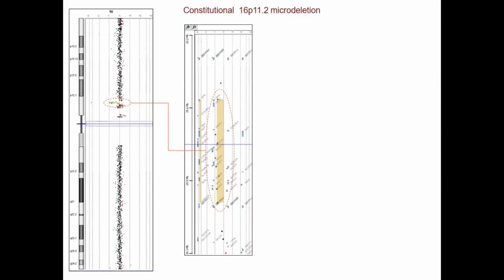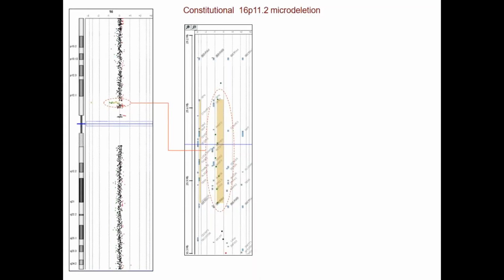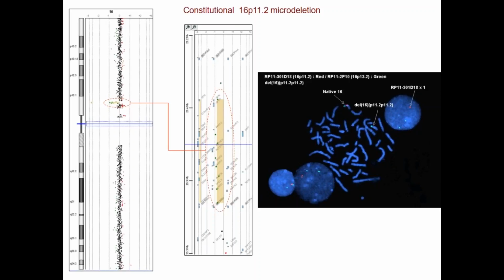And you can see the genes that are within that region. Now, this is a recurrent microdeletion or microduplication. You will see the deletion and the duplication in different individuals. You won't see the deletions and duplications in the same individual, of course. So some patients will have deletions, some patients will have duplications.